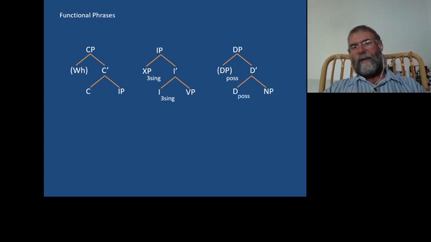And exactly the same thing happens in the DP, because if you have a possessor, then you must have a possessive determiner. You've got to have the s determiner. So John's dog. When there's no possessor, you can't have the possessive determiner. You can't just say dog.